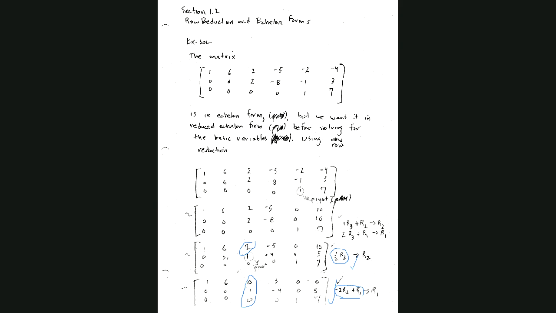Okay, Moshe, what else could we do? What else would you want to do? You could do something else, but anything you do might make something look easier. For instance, you could get a 0 where that 3 is, but then you're going to get a non-zero in this spot.